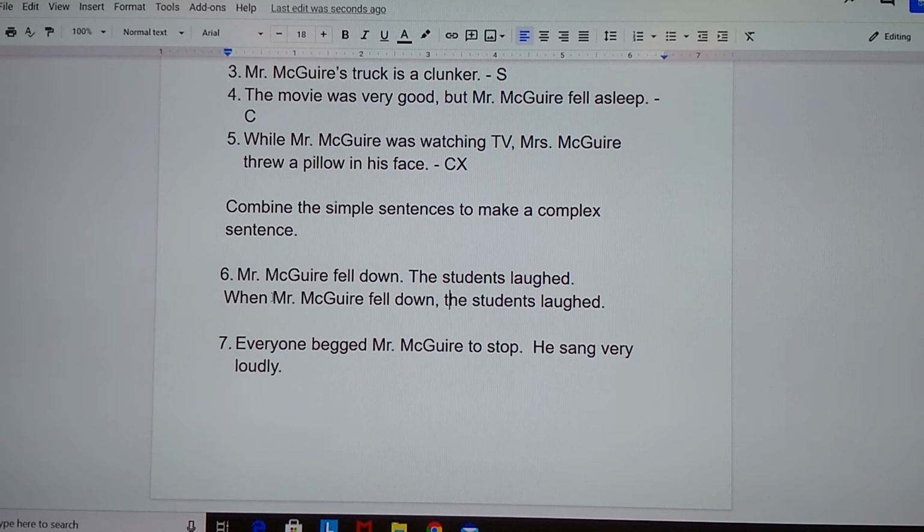See how I changed that? That's what you want to do. When Mr. McGuire fell down, comma, the students laughed. I could have said, since Mr. McGuire fell down, comma, the students laughed. I could say the students laughed when Mr. McGuire fell down. I can switch up the two sentences.